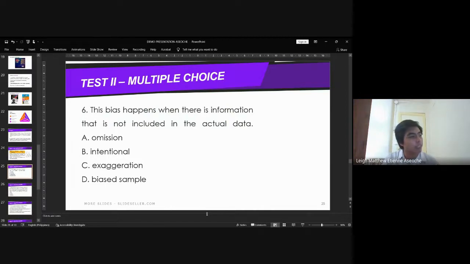For number 6, this bias happens when there is information that is not included in the actual data. A, omission, B, intentional, C, exaggeration, D, biased sample.